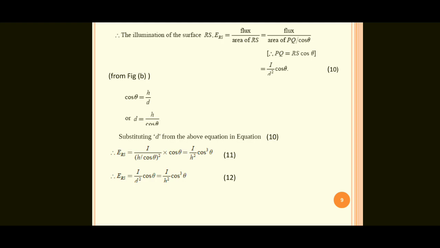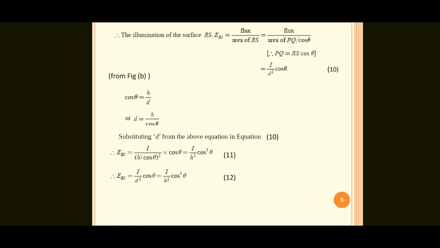And the second one, Lambert's cosine law. Illumination is represented by the letter E and its unit is lux.